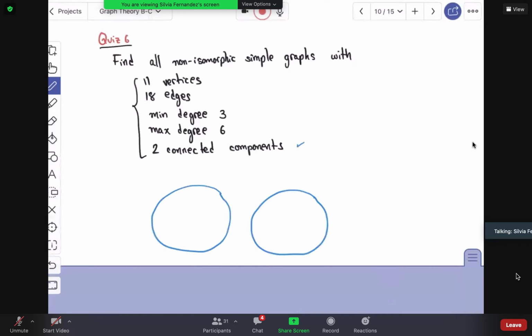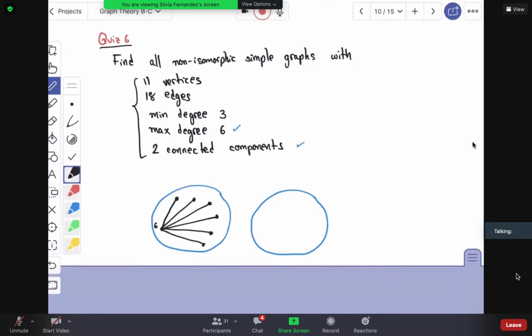So I need to have at least one vertex that has degree 6, and it needs to be in one of the components, right? So 1, 2, 3, 4, 5, and 6. So this one has degree 6, and it has to be included in some component. So that is taken care of.